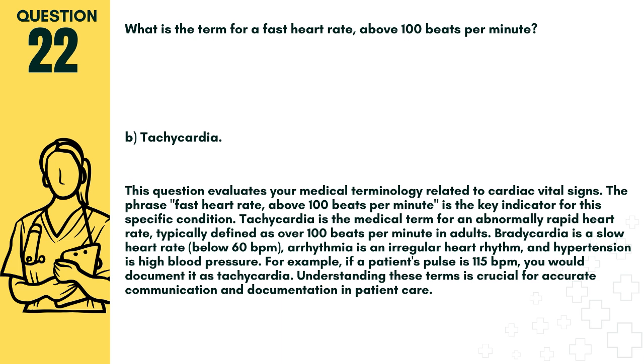Bradycardia is a slow heart rate, below 60 bpm, arrhythmia is an irregular heart rhythm, and hypertension is high blood pressure. For example, if a patient's pulse is 115 bpm, you would document it as tachycardia. Understanding these terms is crucial for accurate communication and documentation in patient care.